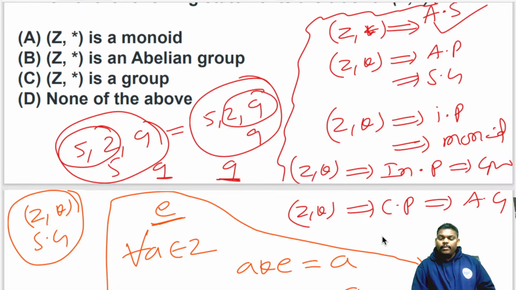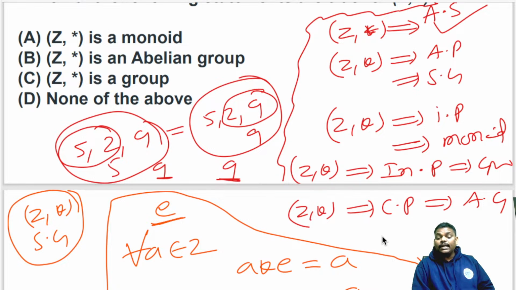From Z, any element with E becomes that element. So what is the answer? a * E equals a, E * a equals a. But remember, star means not multiplication. Star means max. Be careful with max.